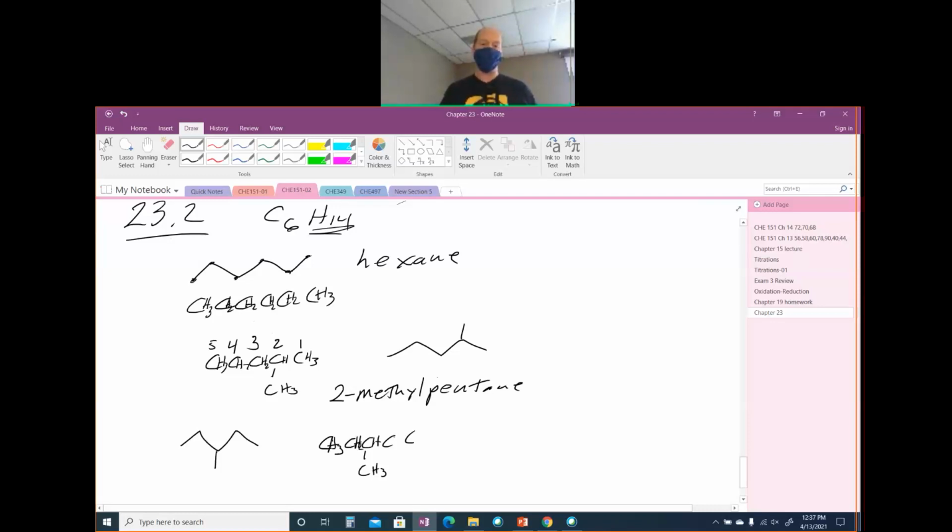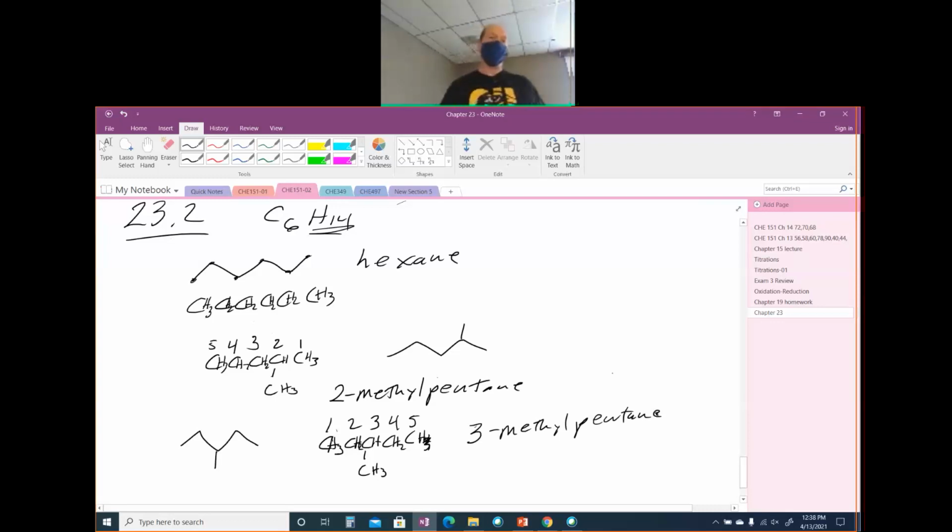You put in the H's so that all these carbons have 4 bonds. CH3 at the end. So carbon has to have 4 bonds. And when you add them up, they will be 14 H's. This one doesn't matter which way you number it, because either way, number 3 is the carbon that has the methyl. So this is a 3-methyl pentane.